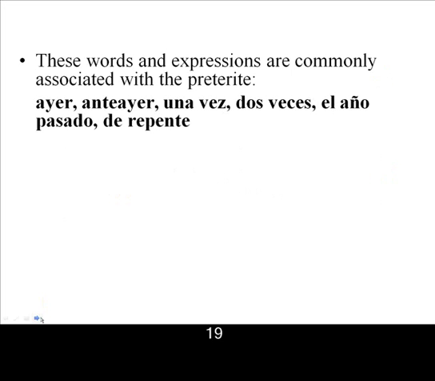So when you're talking about the preterite, remember that there are certain things that will indicate that you're using the preterite. For example, ayer, anteayer, una vez, dos veces, el año pasado, de repente. All of these things are referring to events. So usually they're going to be associated with the preterite.